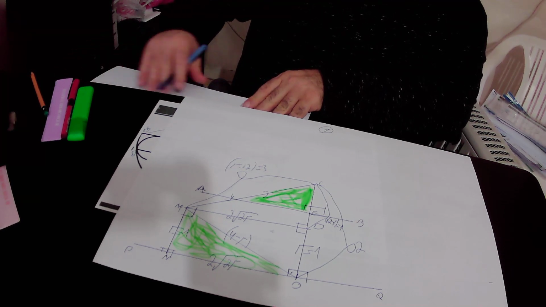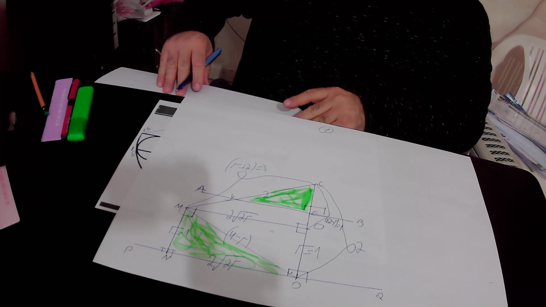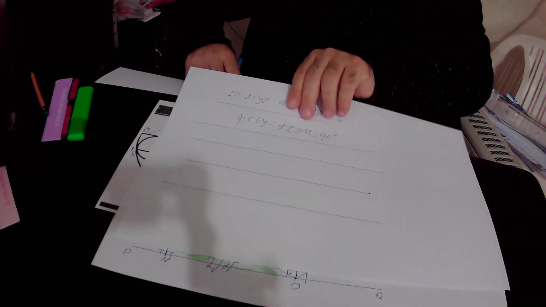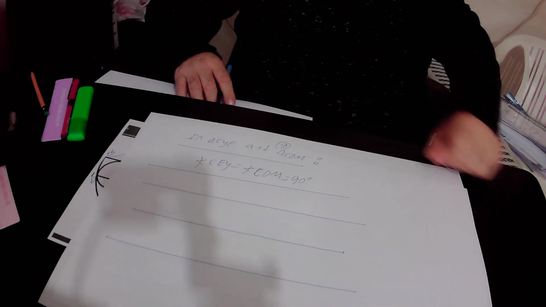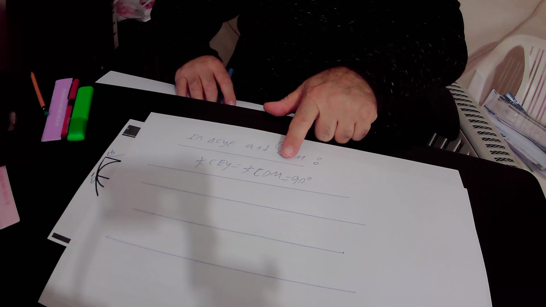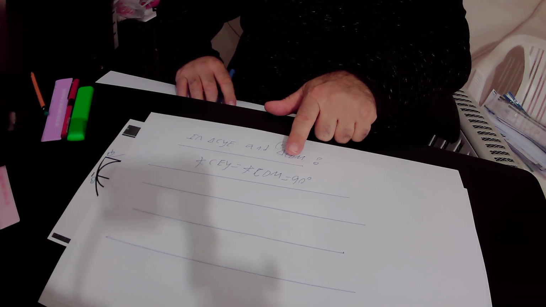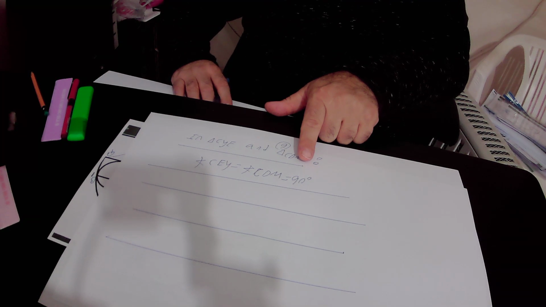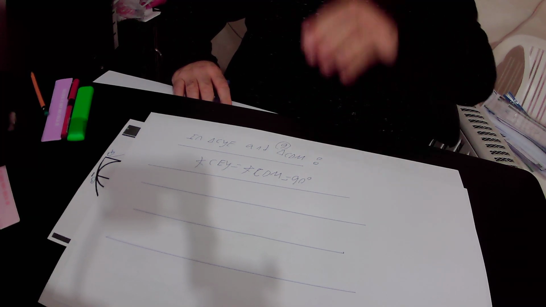I will repeat again. Angle CEY in triangle CEY equals angle CDM in triangle CDM, and both are right angles, equal to 90 degrees.